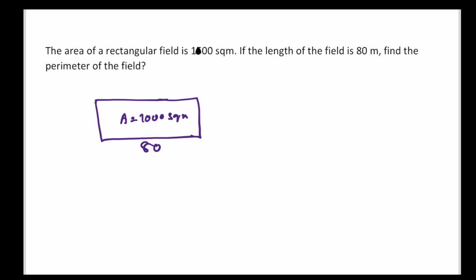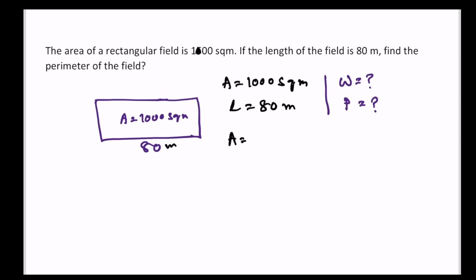Just like problem number 1, let's write down what information we have and what we need to find. We have area, which is 1000 square meters. We have length, which is 80 meters. And we have to find first the width and then the perimeter.